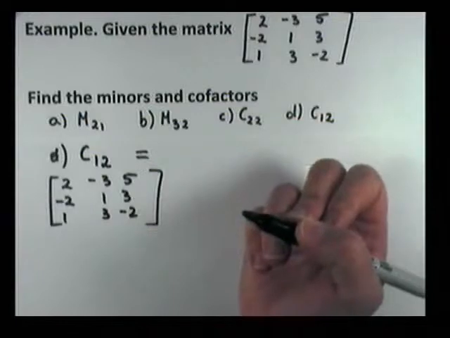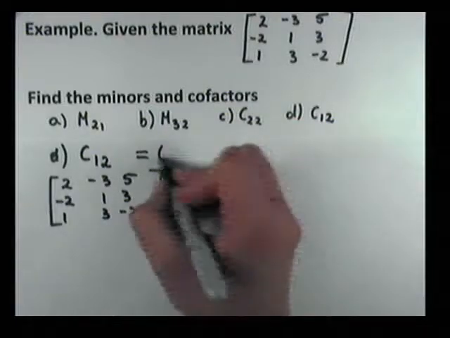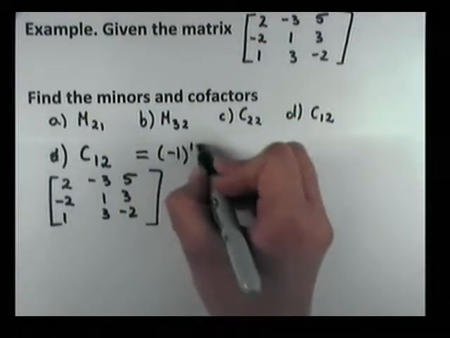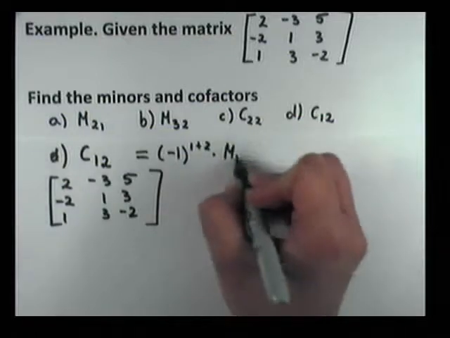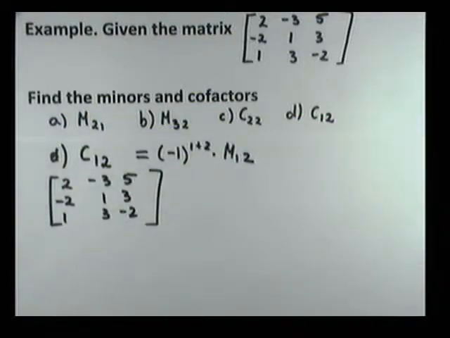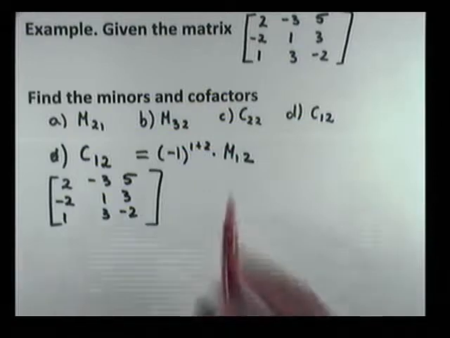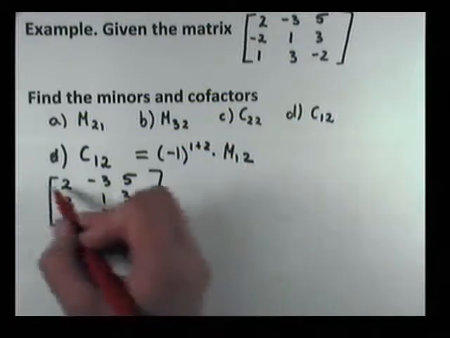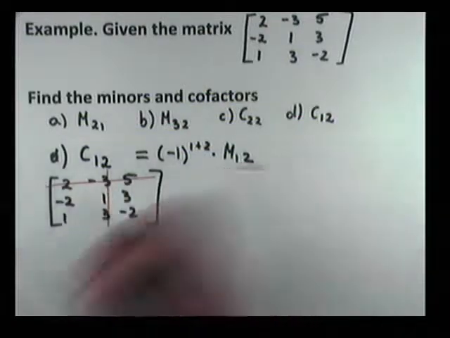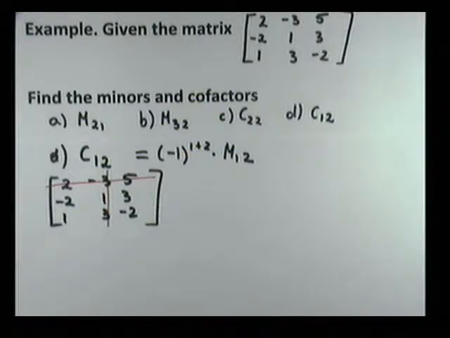The cofactor by definition is nothing else but minus 1 to the power 1 plus 2 times minor 1,2. Minor 1,2 means first row, second column. Delete the first row, second column, and whatever is left is your minor.